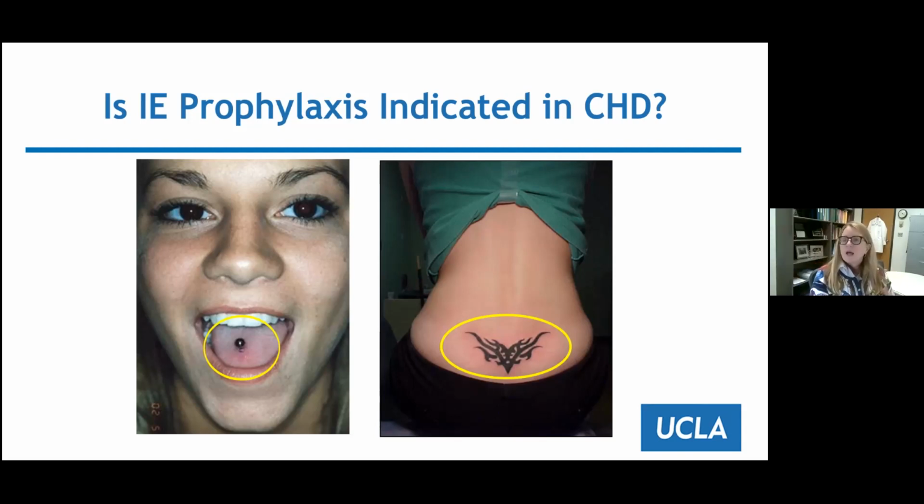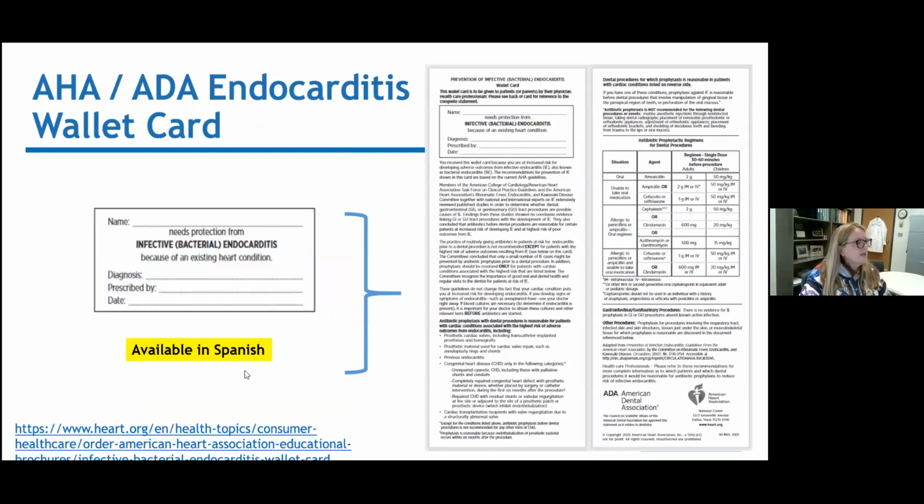And I would prophylax them before going, because as you can see, in the mouth there's your strep viridans, and here is your Staph aureus in the picture on the right. If you search infectious endocarditis in PubMed, there are a million case studies of IE related to tongue piercings, tattoos, and things like that in people that do not have heart disease. So these things should not be taken lightly.